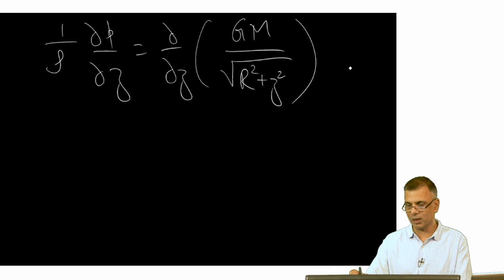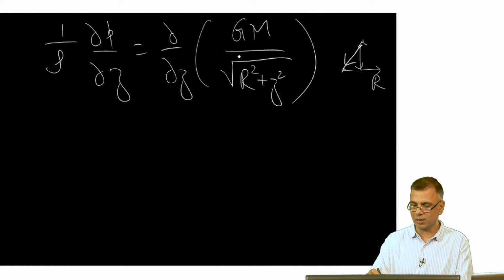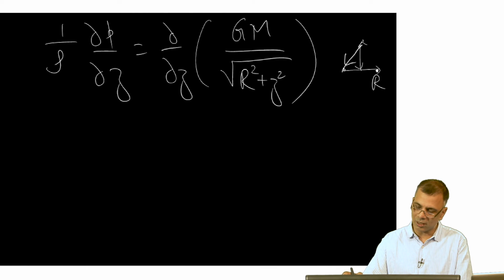It takes into account the fact that you have the central object and you are at a certain distance r from it and at a certain height z. So, this takes into account the fact that the gravitational attraction is not simply along the radial direction, it is actually along this direction. That is what this is all about.